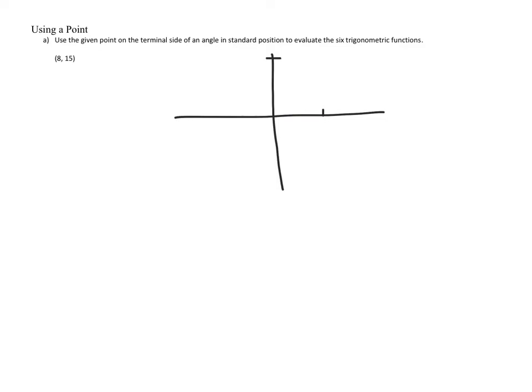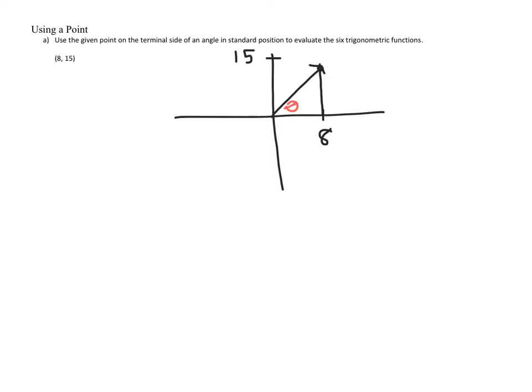This is 8, and it's just an approximation, (8, 15). So that's the point there. This is the terminal side. I'm going to make a triangle, and this is theta right there.